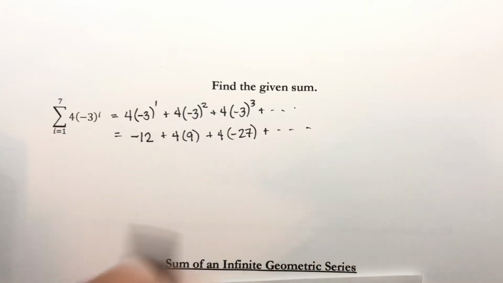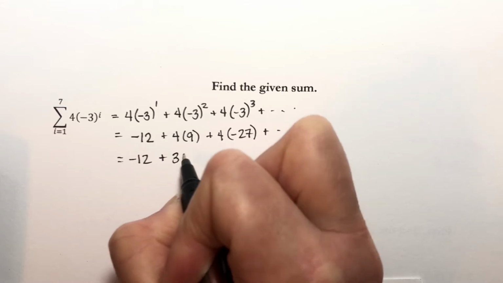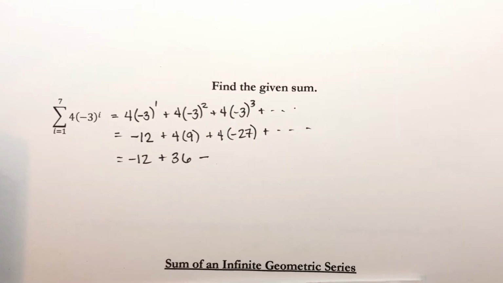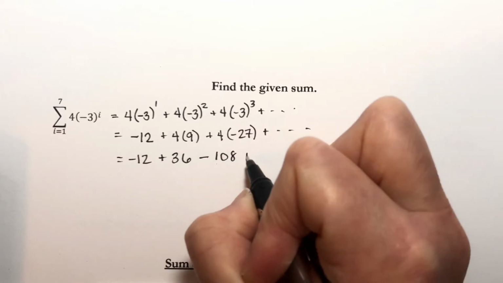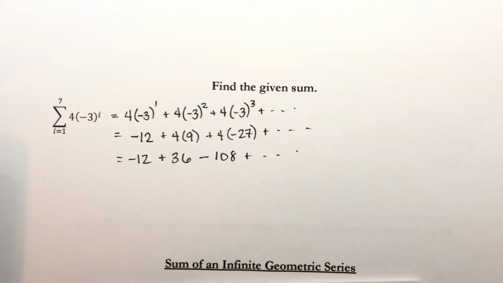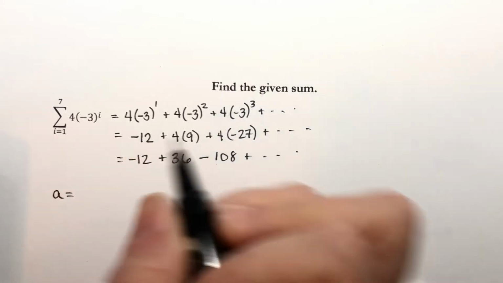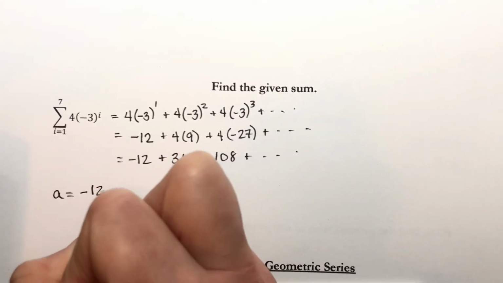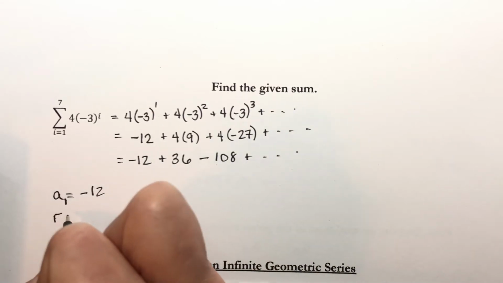Okay, this is negative 12 plus 36 minus 108, plus so on. So it looks like my first term is negative 12. A1 is negative 12.